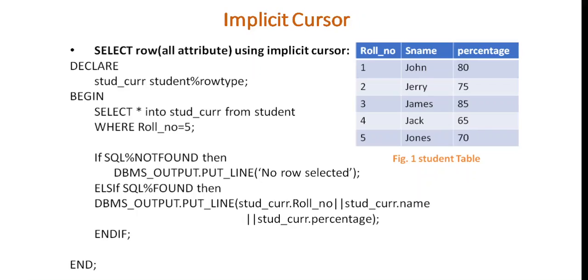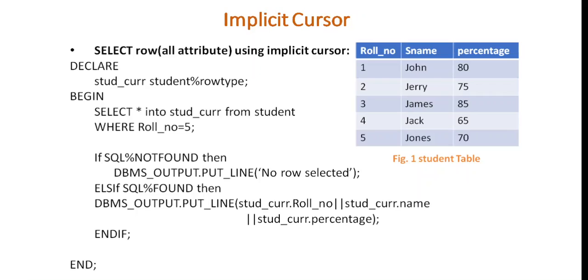Studcur is a record, which means the studcur variable points to the entire row. Studcur can point to roll number, to sname, and also to percentage.